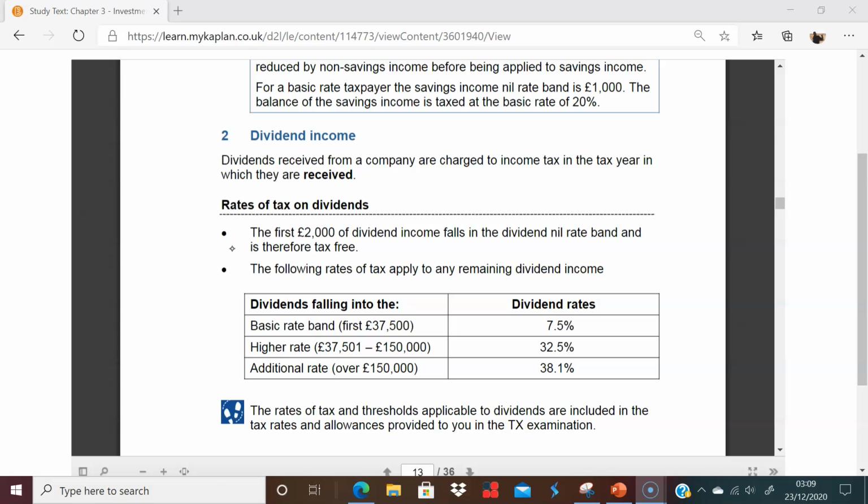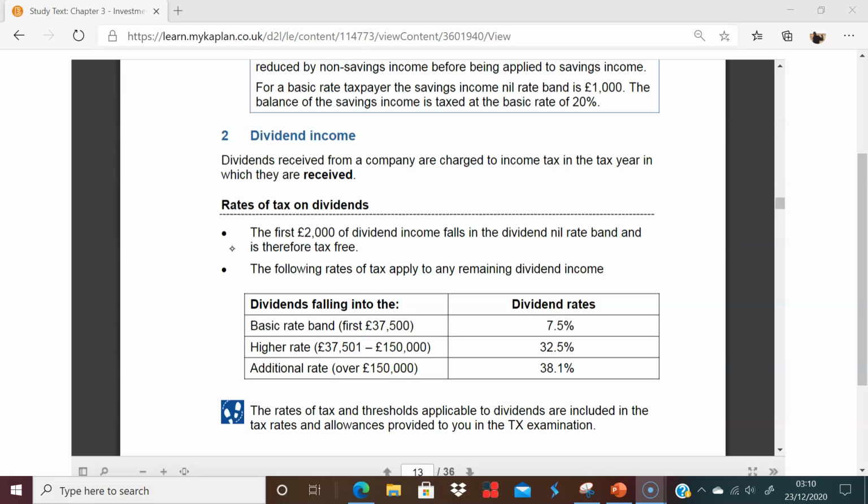Dividends. Now, dividends do not, I repeat, dividends do not enjoy this starting rate. No, they don't. But everyone is allowed the first £2,000 off their dividends, and then it's just you finding what band the figure falls in, in terms of slices, because this is treated at the end.